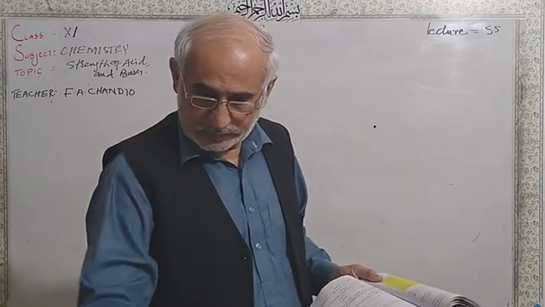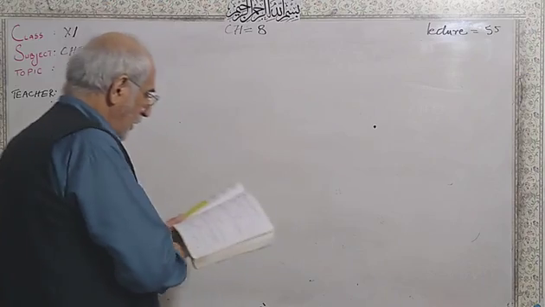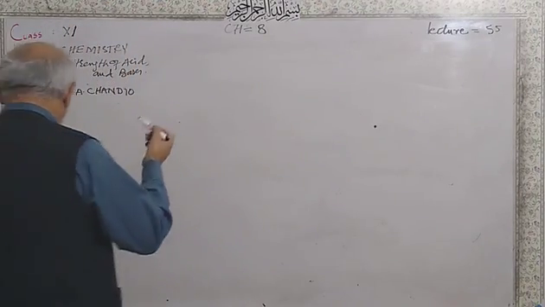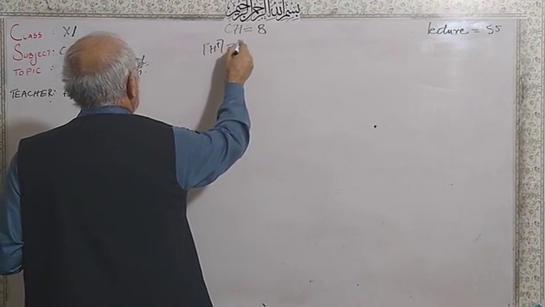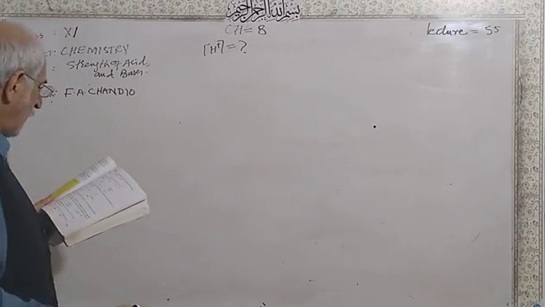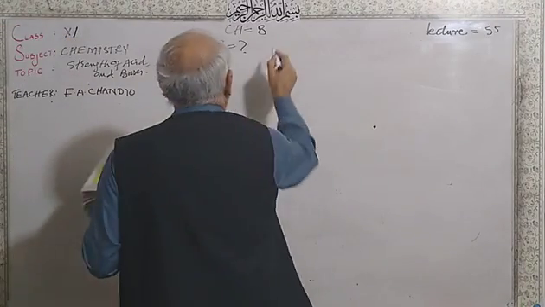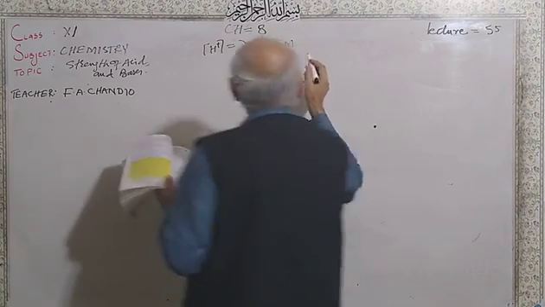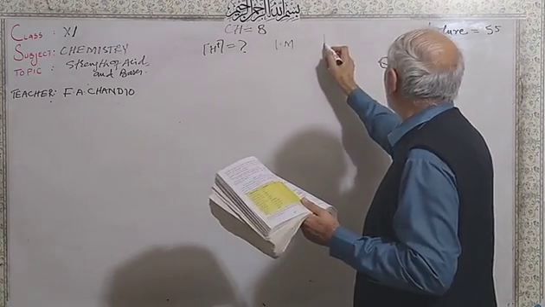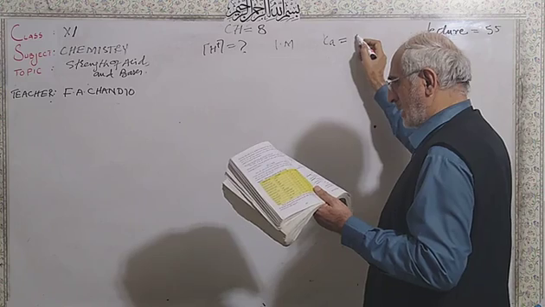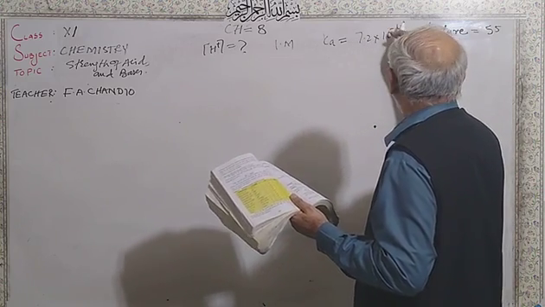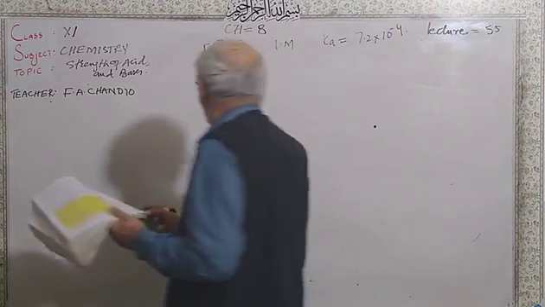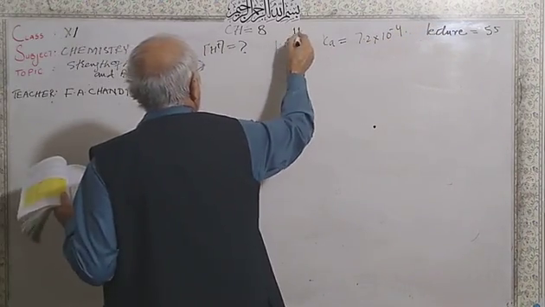Numericals: calculate the concentration of hydrogen ions of a 1 molar solution, where the value of Ka is 7.2 into 10 raised to power minus 4, and the acid is a weak acid, hydrogen fluoride.